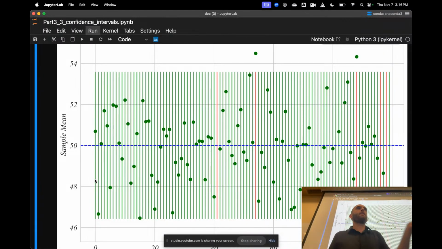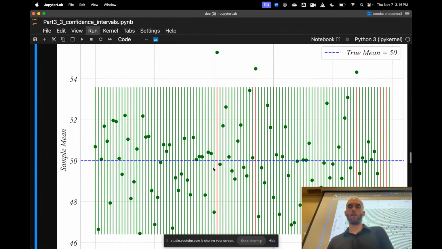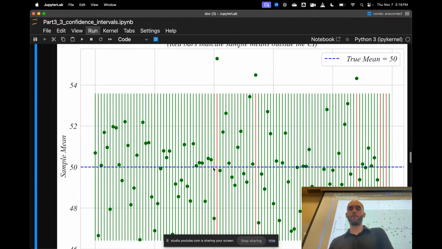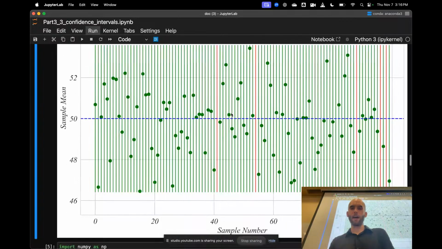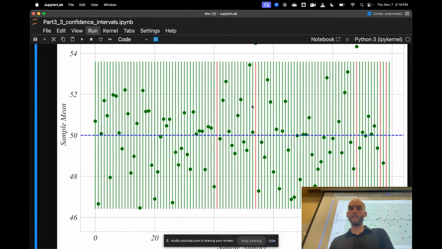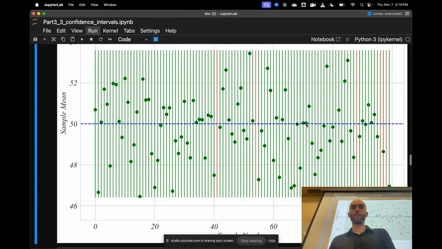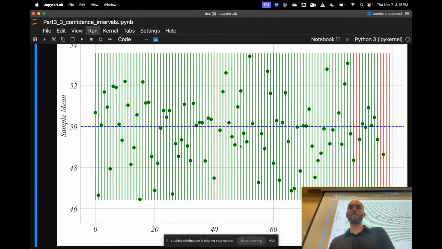Then we can just check through simulation how many of them fall within our confidence interval. And it turns out, let's see, 5 of these fall outside of the confidence interval. And just as we predicted, a 95% confidence interval should include 95% of them. That's actually precisely what we got here.